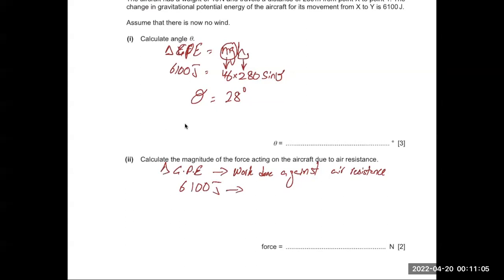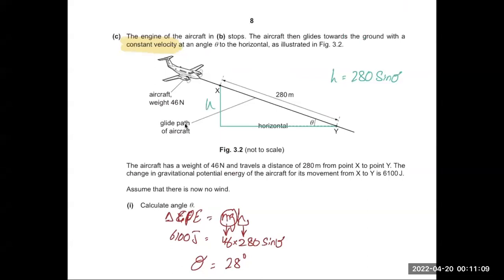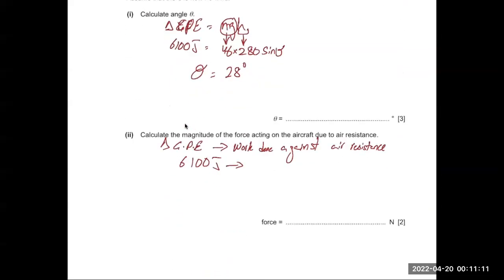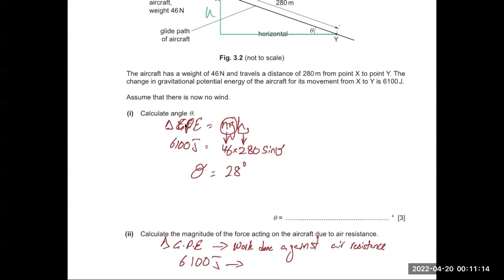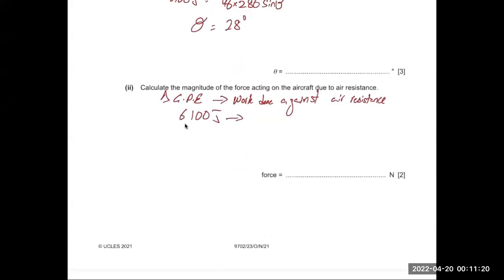If it's constant velocity, won't the acceleration be zero? Yes, the acceleration will be zero. You're right. We never said that the acceleration is non-zero. What is the work done against air resistance? The work done against air resistance can be written as force into distance.